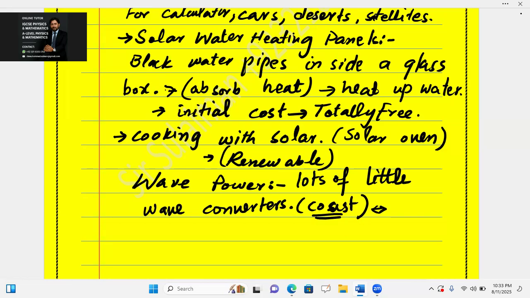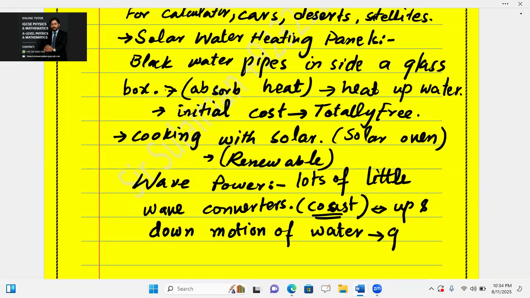As waves come in to the shore, they provide an up and down motion of water, which can be used to drive the generator for the production of electricity.